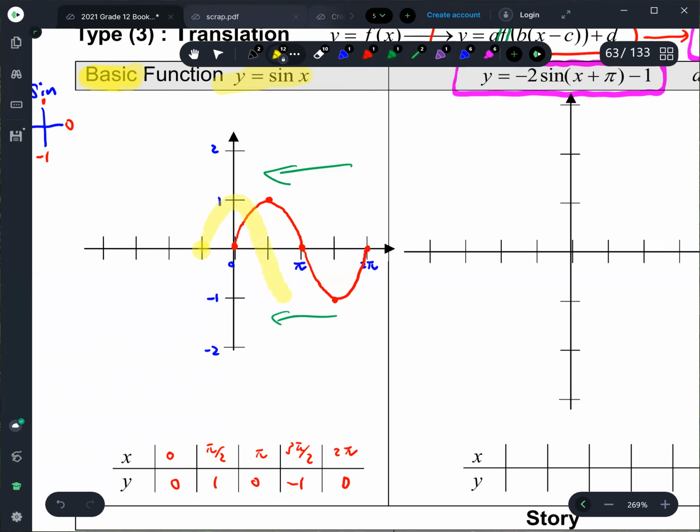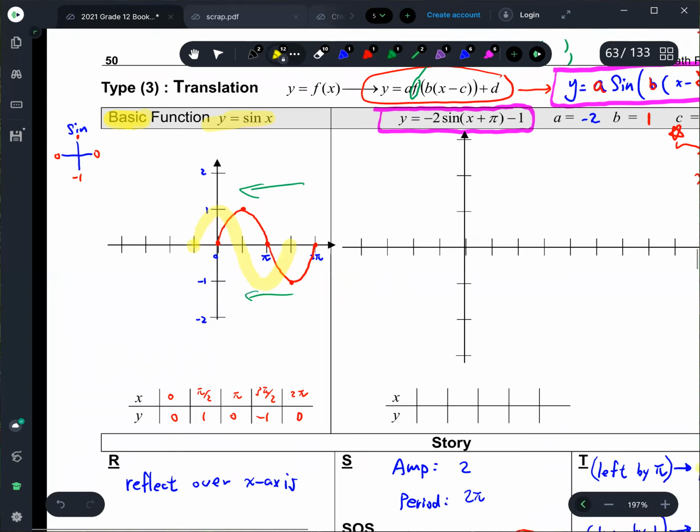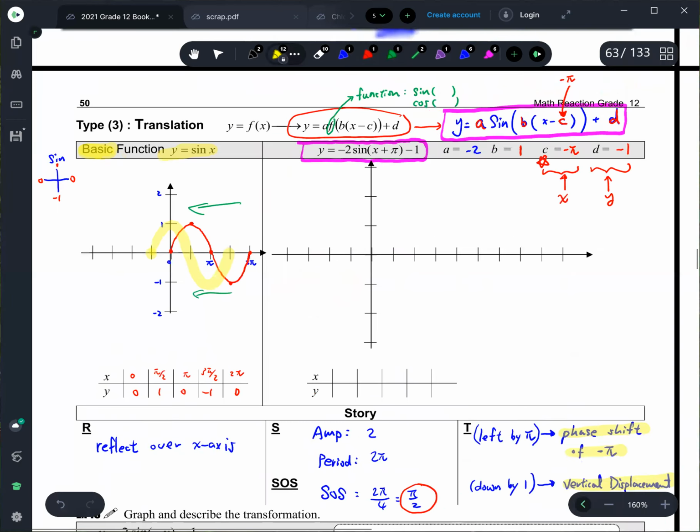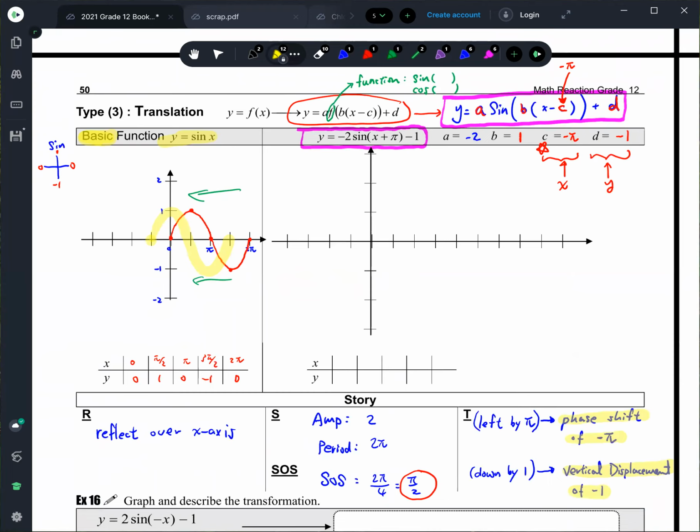Look at the yellow highlighted. Being shifted to the left by pi over 2, that means your starting point is no longer 0. To get the x value, you need to look at negative pi. Look at the c.